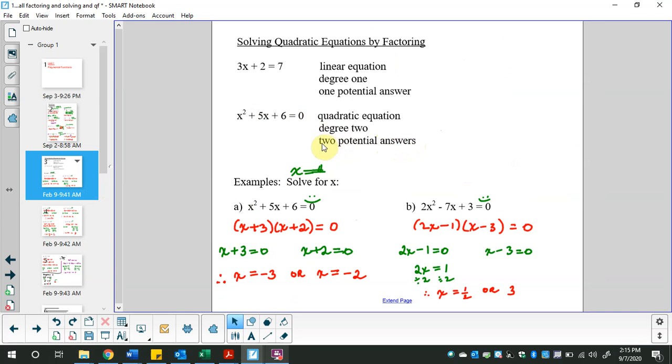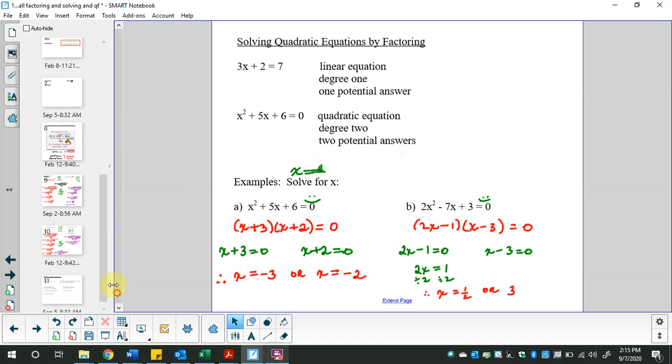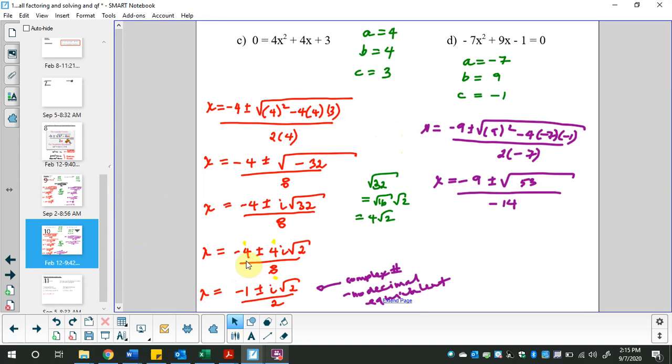You will run into, over the course of this course, examples of quadratics where you do not have two actual answers. You might have one or you might have none. Oh, I lied, sorry. Technically, this question here is an example of no real answer, even though there are still two complex answers.